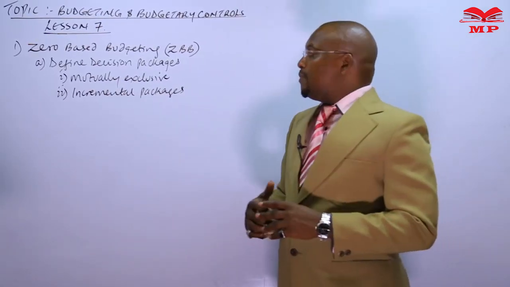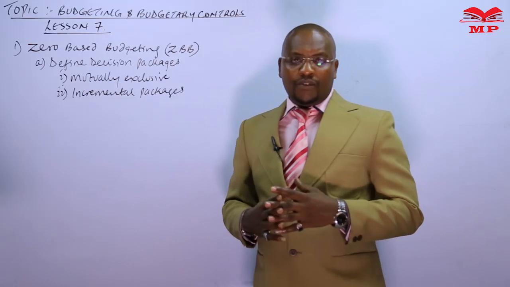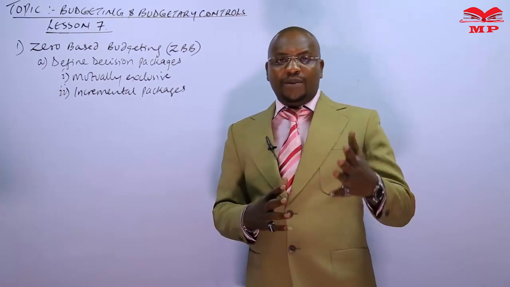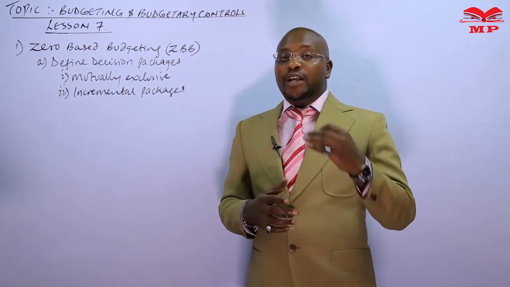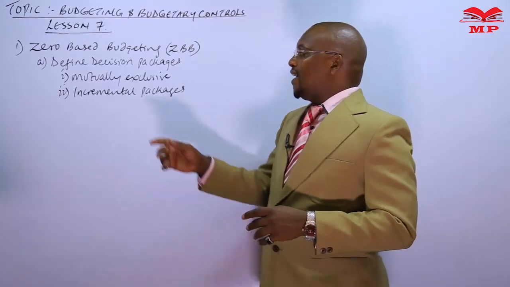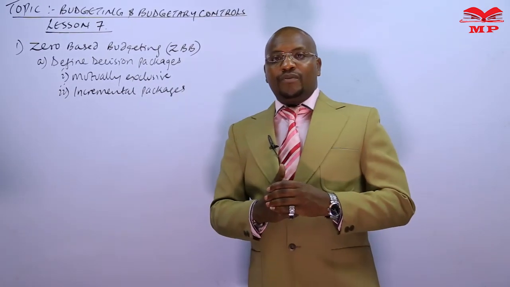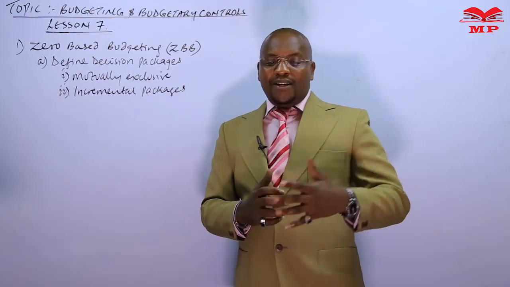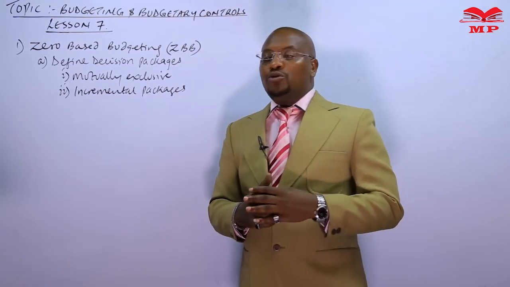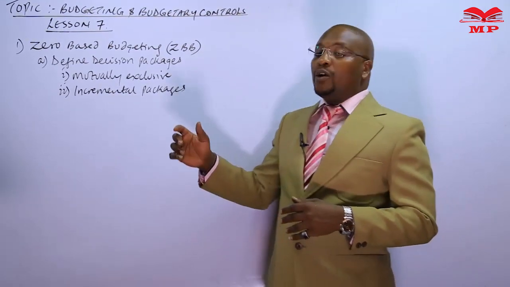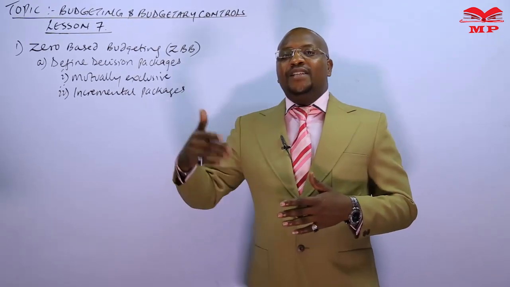You cannot produce bread and cake at the same time, assuming. It's just like projects. We can't have project A and project B at the same time if they are mutually exclusive. Selecting one decision or one plan is going to preclude or exclude the other decision.